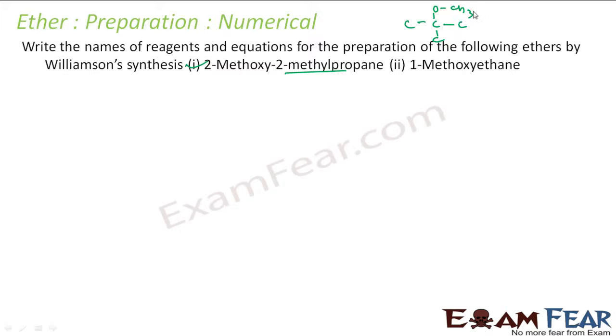So I have to form this. One side I have tertiary, one side I have primary. Obviously the primary I'll take with some halide and the tertiary I'll have to take with ONa. So the reaction has to be something like this.